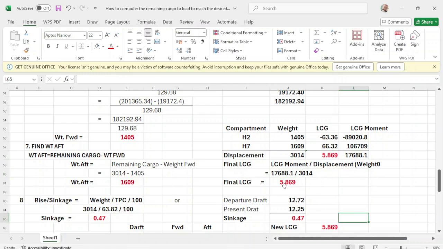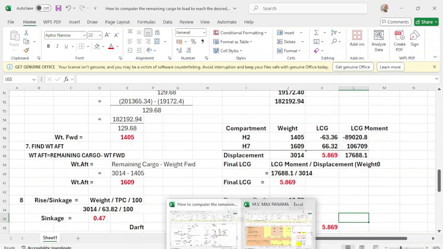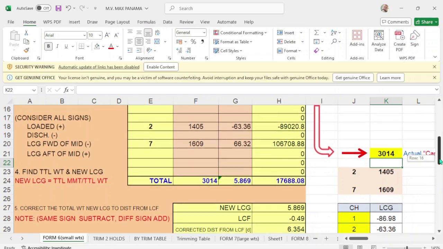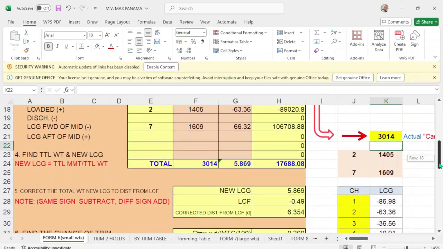Or the weight, that will be your LCG moment is 17688.1, which is over your weight. That will be your final LCG is 5.869, which is this one. The new LCG is 5.869. Okay, that will be in number 5.